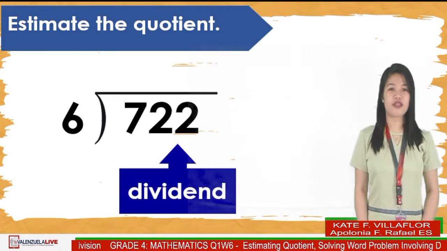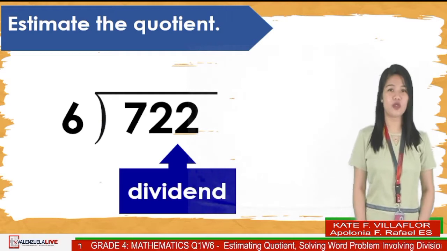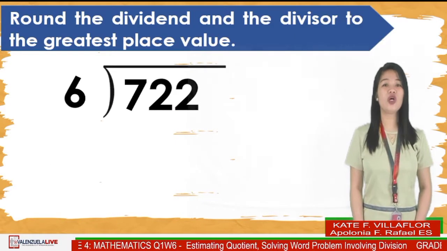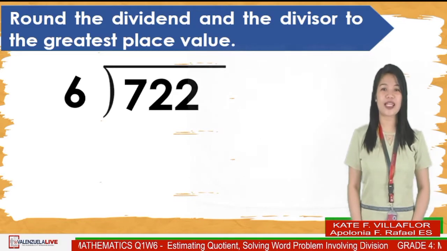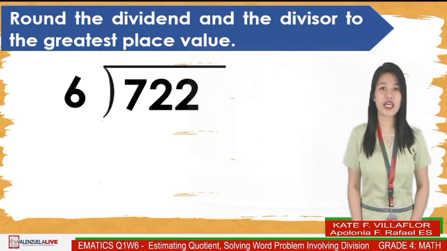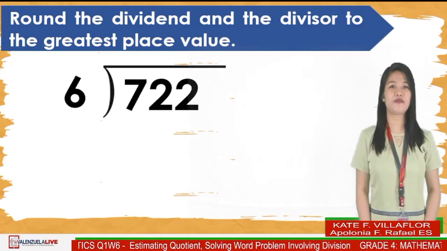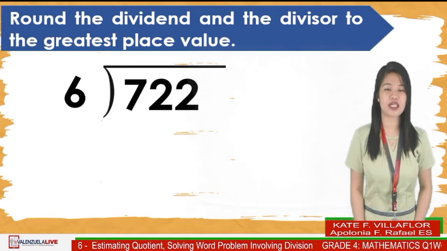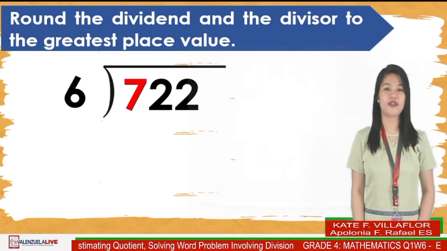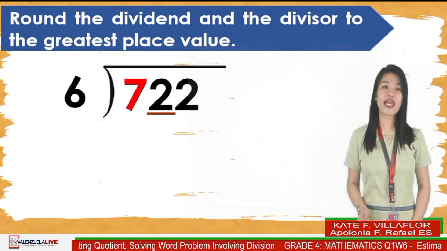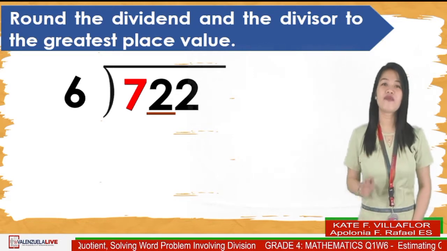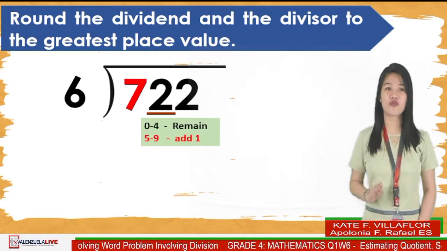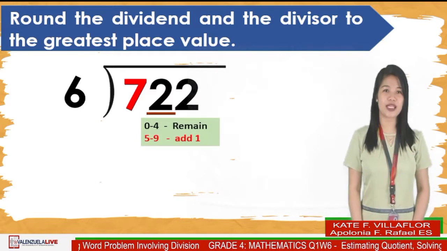Let's have this dividend as 722. We have this divisor as 6. First thing to do is to round off the dividend and the divisor to the greatest place value. The digit with the highest place value is 7. The digit to the right of 7 is 2. If the digit to the right is less than 5 or 0 to 4, the digit will remain the same.